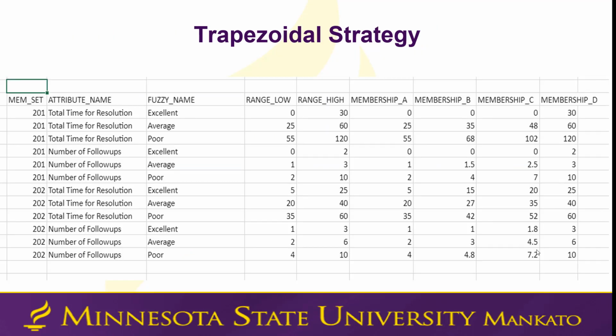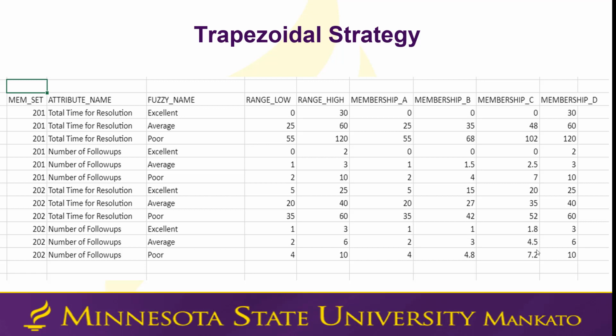In order to accomplish our goal, we were able to come up with the trapezoidal strategy, in which we have the membership set, the attribute name, the fuzzy name, and the range that we set. If the total time for resolution is between 0 and 30, it's excellent.